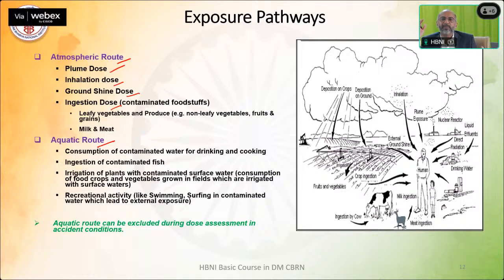These are general exposure pathways you take in estimating the dose to any individual, but in the accident condition, the immediate contribution from the aquatic route is going to be very minimal. For the sake of quick estimation, and what is only required in an emergency, we can save time in estimating the dose by not calculating the aquatic route. The aquatic route can be excluded during dose assessment in accident conditions.